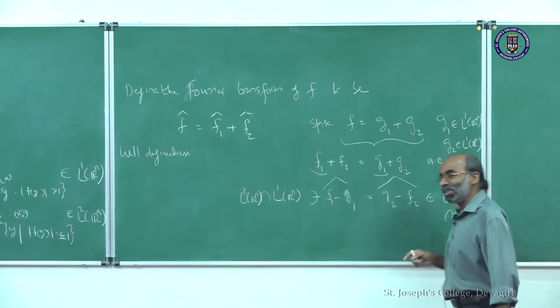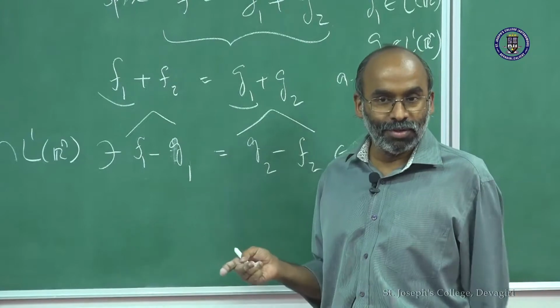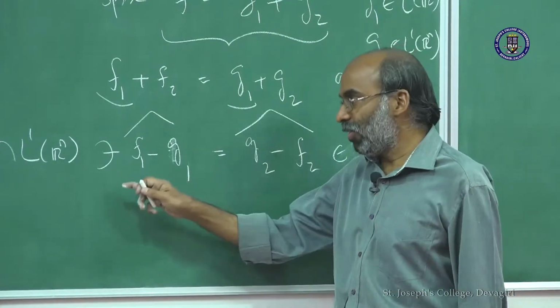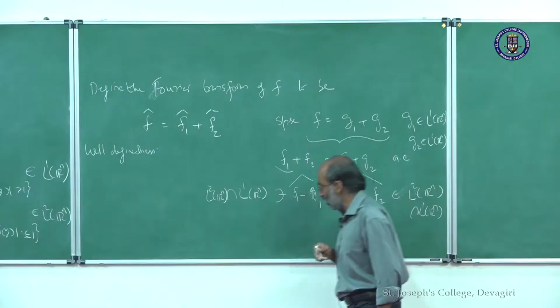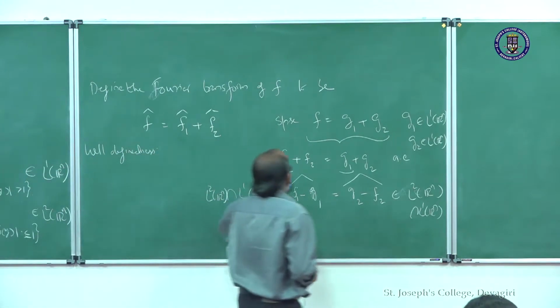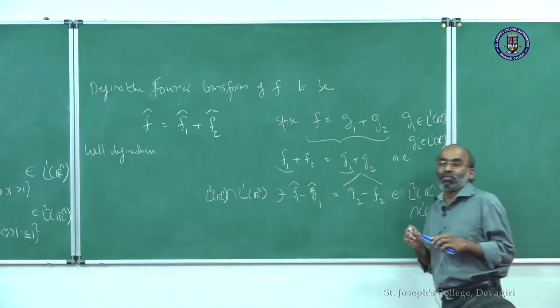But the Fourier transform is a linear operator. So f1 and g1 are in L1. If I take the Fourier transform of f1 minus g1, what will I get? f1 hat minus g1 hat. I will use the magical properties of the board to avoid writing it again and again.